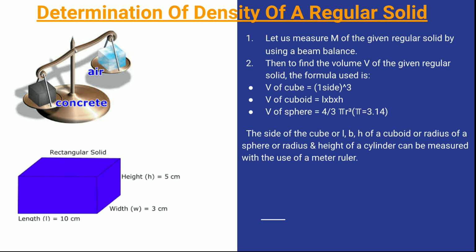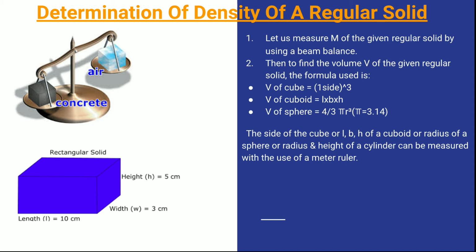Next we come to the determination of density of a regular solid. For this, we need to measure the mass of the solid substance with a physical balance or beam balance, which is measured as M, say M grams or M kg. To find its volume, we take the length, breadth, and height.